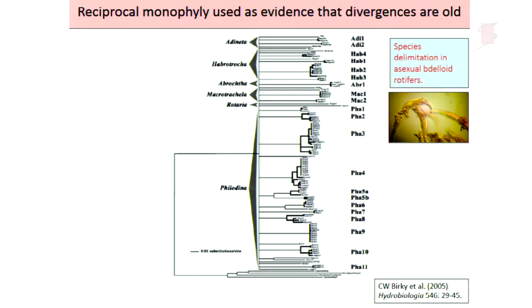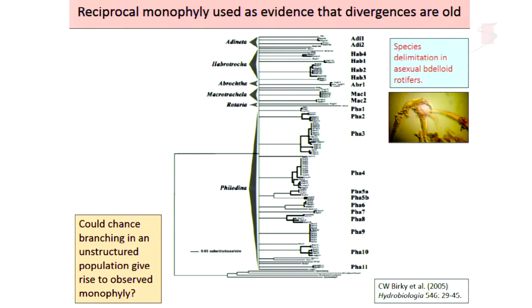And part of that calculation was based on levels of within group divergence to between group divergence of lineages that relate to these monophyly probability calculations. And so after seeing a number of these, I started to worry that chance branching of lineages within populations in small samples could be a possible explanation for at least some of the cases of reciprocal monophyly.